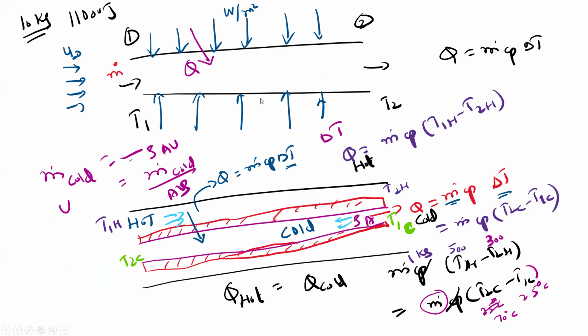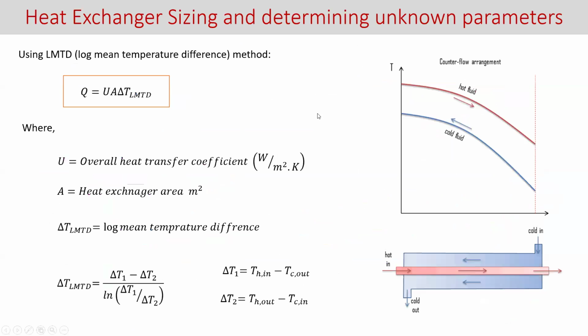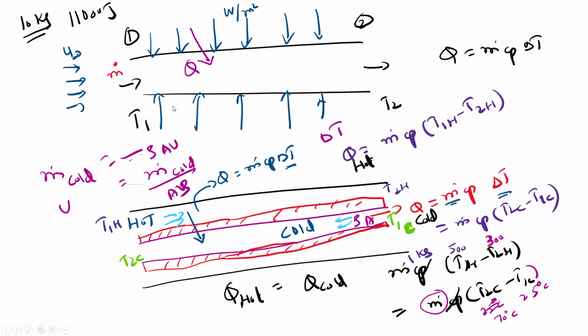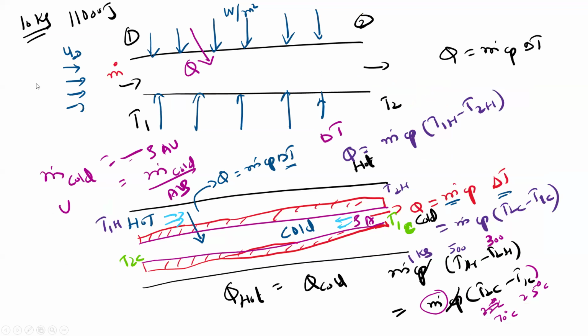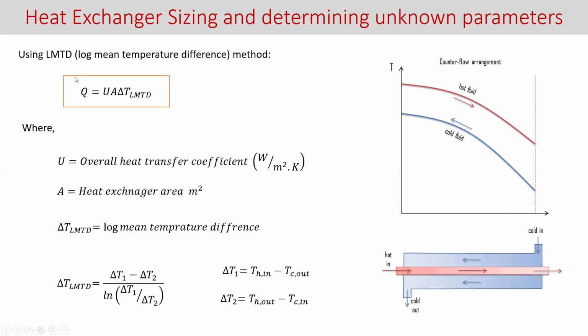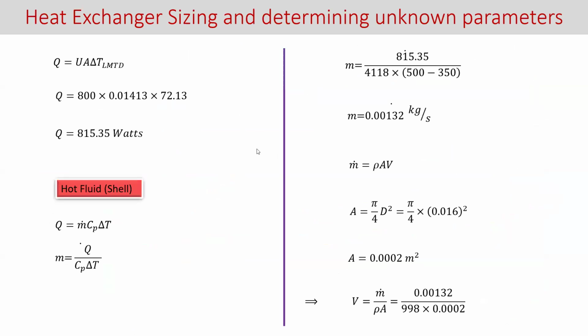But here we started with some basic information. The missing thing here is that I have the temperatures, but we don't know the flow properties. What should be the flow properties entering the shell and also entering the tube? So I have gone through the basic method, the log mean temperature difference method, and from here I found the values for the flow rates for the hot side and the cold side.